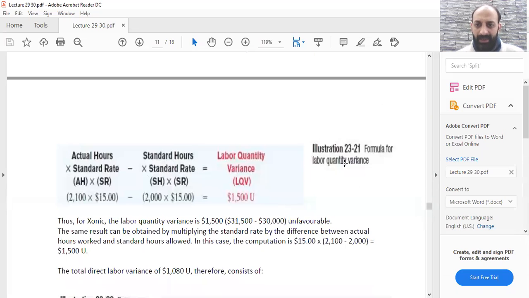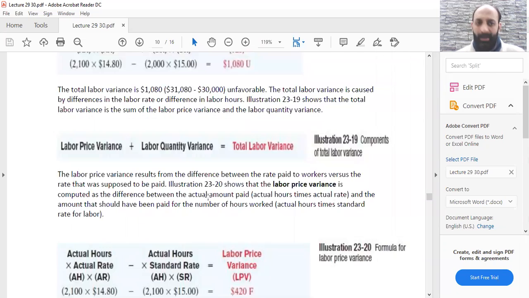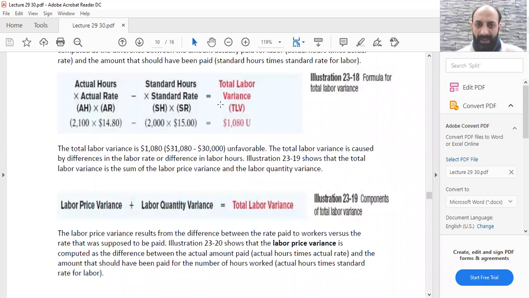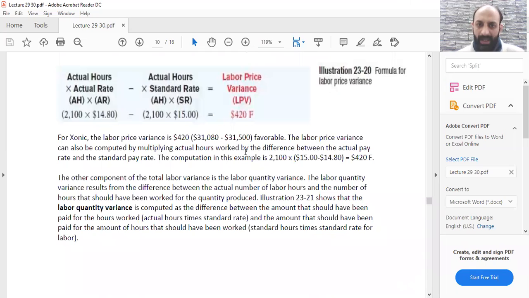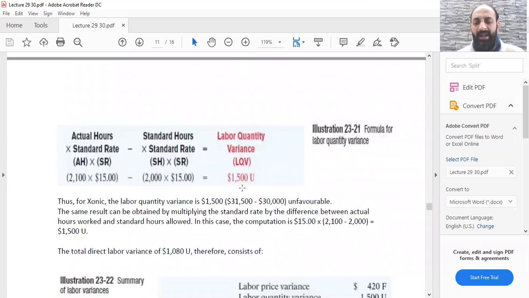तो इससे हमें पता लगता है कि जो आपका लेबर क्वांटिटी वेरिएंस है वो 1500 अनफेवरेबल है और जो आपका लेबर प्राइस वेरिएंस था वो 420 फेवरेबल था. इसी को अगर आप टोटल लेबर वेरिएंस में कैलकुलेट करेंगे, it will give you the same answer. Why? Because it is 420 favorable, it is 1500 unfavorable.